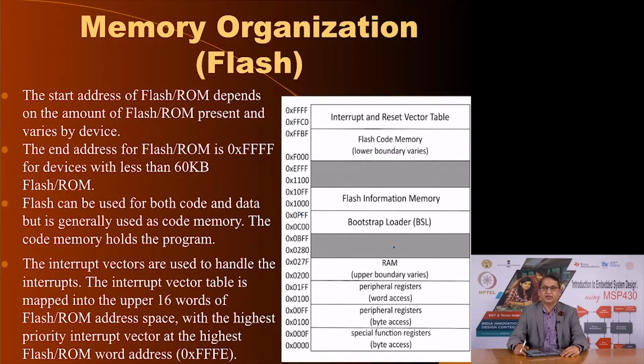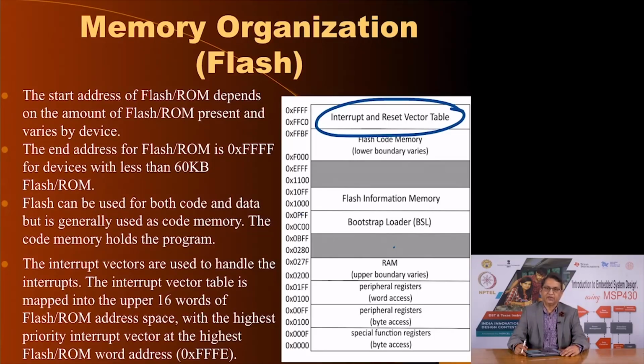The interrupt vectors are stored in the flash memory, in the uppermost part of the code memory. This is where you are storing the interrupts and the various interrupt vectors as well as the reset vector.